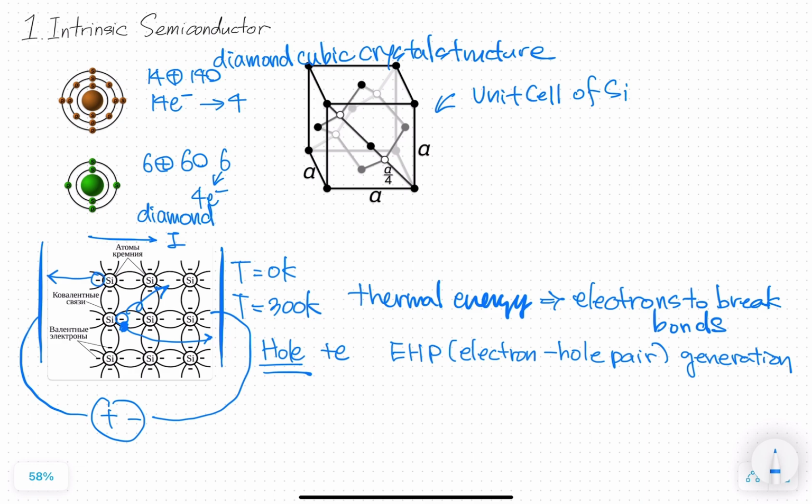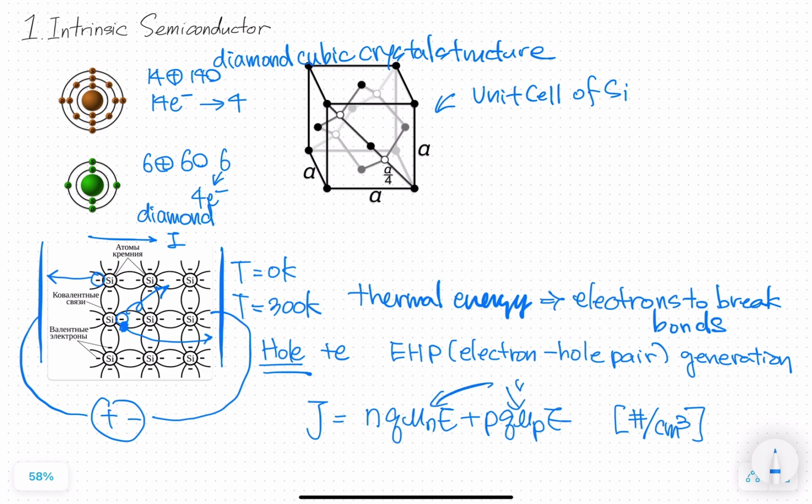We can describe the current more quantitatively using current density, J = nqμn E + pqμp E, where n is the electron concentration, in units of number per cubic centimeter, and p is the hole concentration, and μn and μp are mobilities.